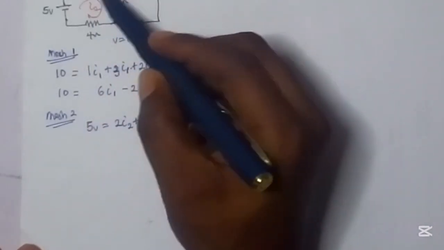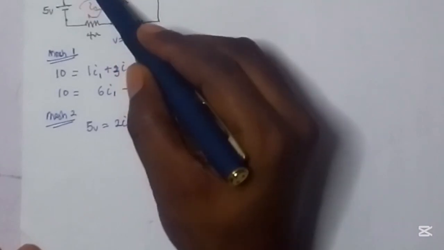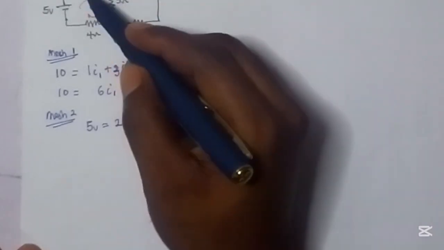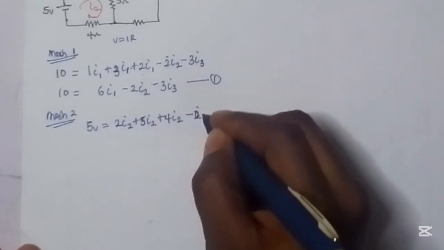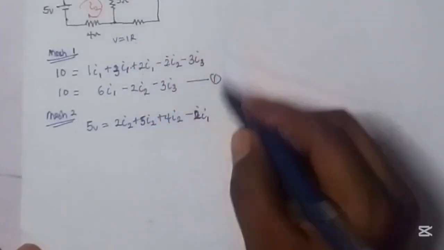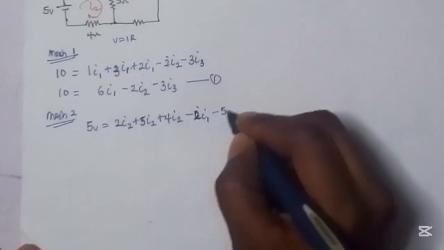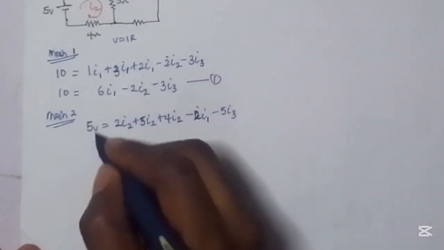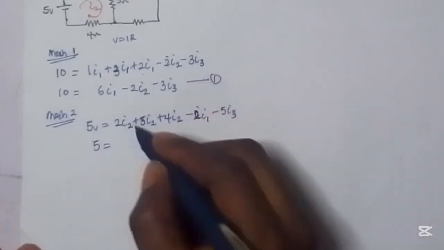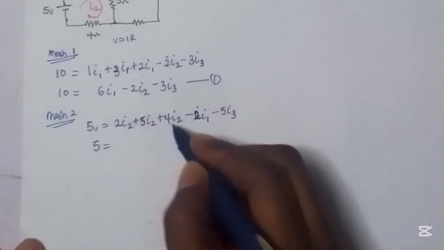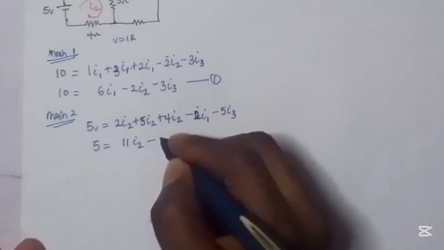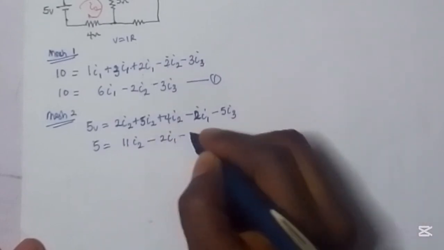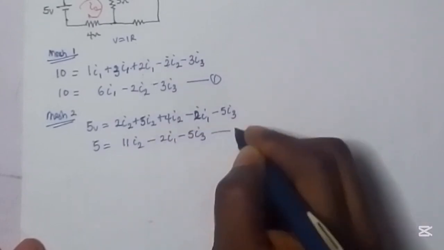We also have to subtract the influence coming from I1 on this 2 ohm resistor, so minus 2 I1. Then that from I3, so minus 5 I3. If I take my like terms, 2 plus 5 plus 4 becomes 11 I2 minus 2 I1 minus 5 I3. Call this equation 2.